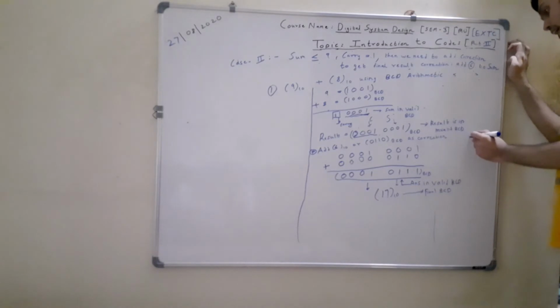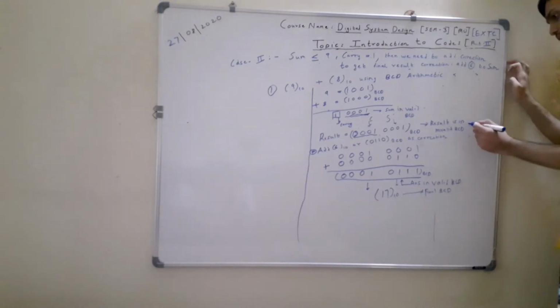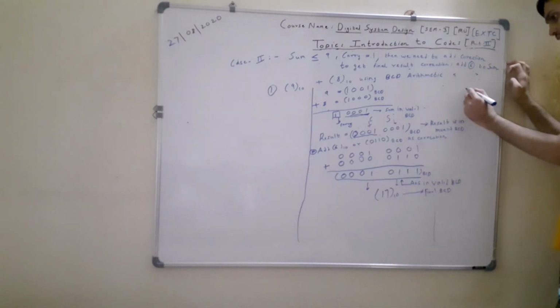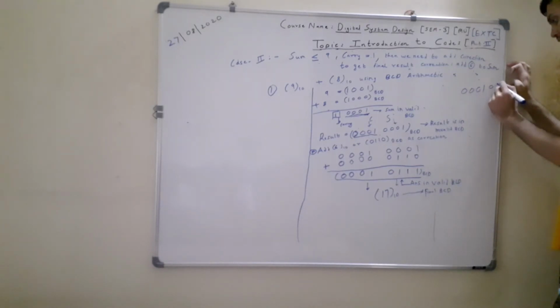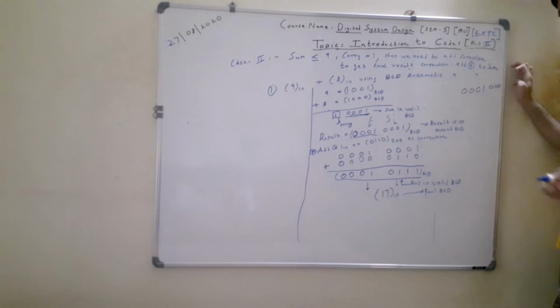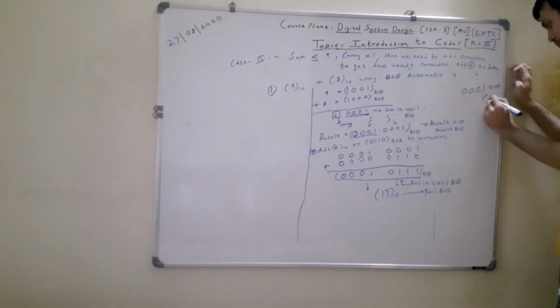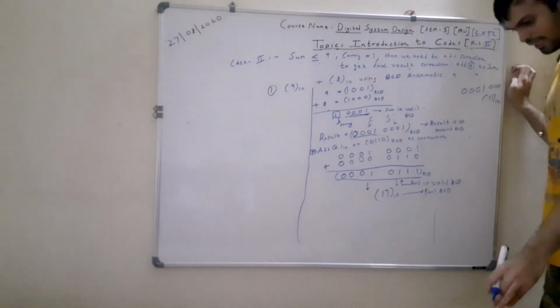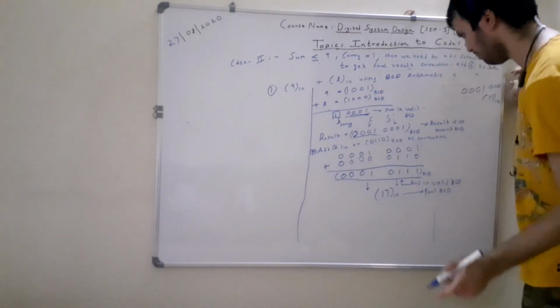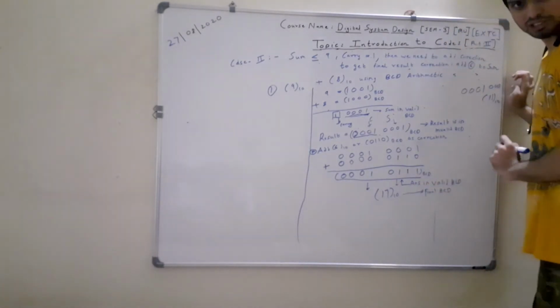But observe that this is in invalid BCD form. What does 0001 0001 in BCD stand for? It stands for 11 in decimal, which is greater than 9, so it is in invalid BCD form. So we need to apply correction to the result.